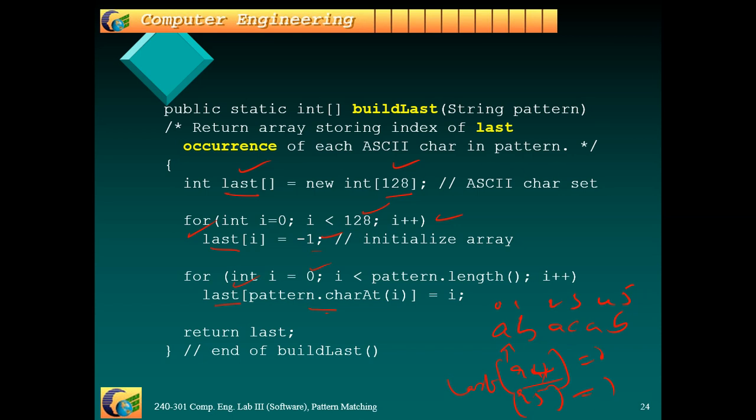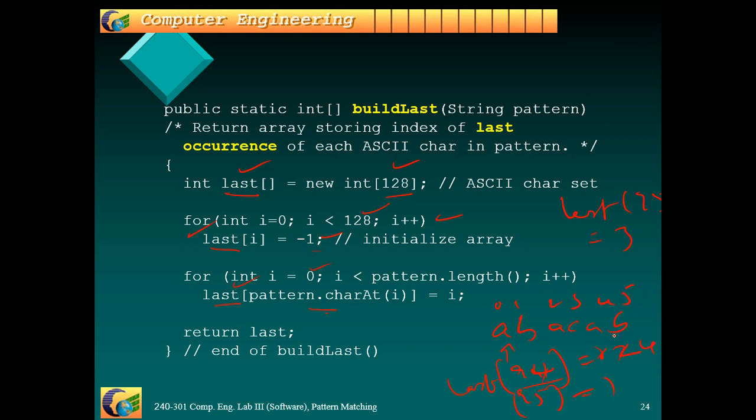Then for the next iteration you get A again with value 2, so 94 gets overridden with 2. For the next iteration, for C, which is 96, last of that equals 3. Similarly for A again, the value is replaced with 4.